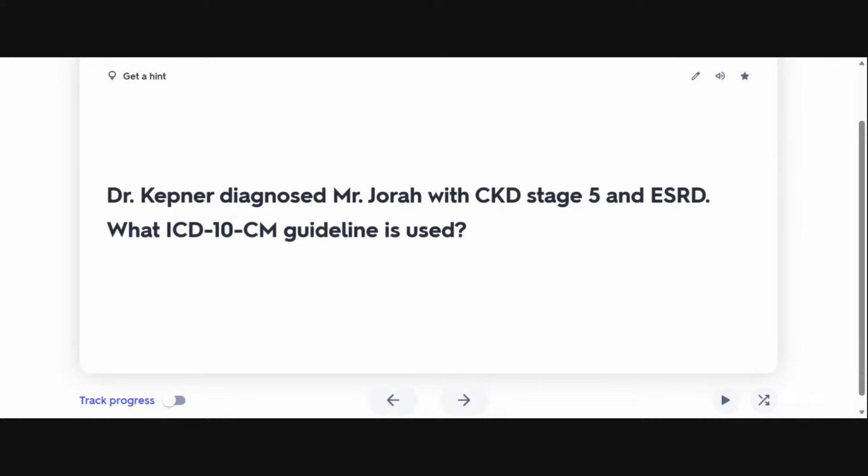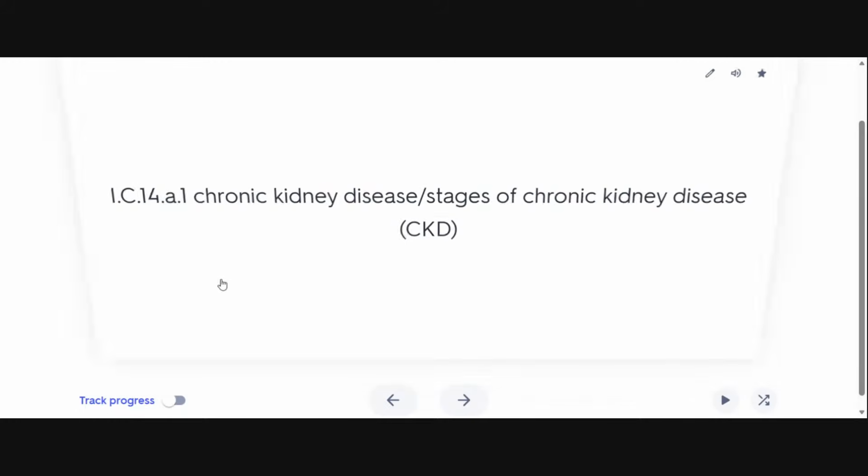All right. I was about to give you guys a hint and say it was from chapter 14, but we didn't even need that hint because everyone was spot on with this one. It is indeed going to be IC14A1, and the title for that is Chronic Kidney Disease or Stages of Chronic Kidney Disease. All right. So great job.